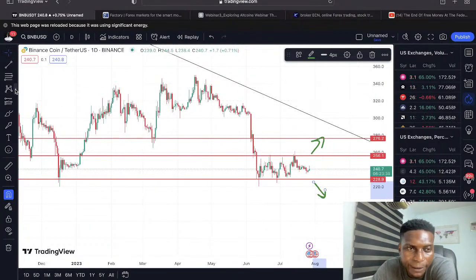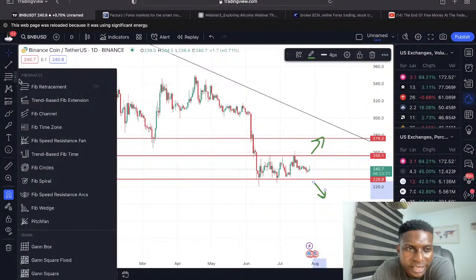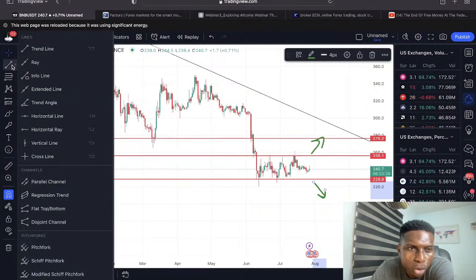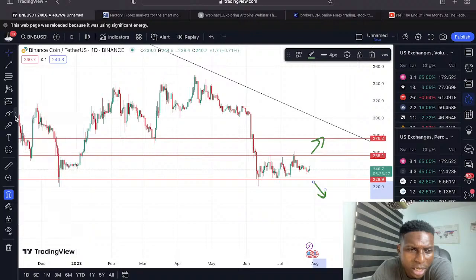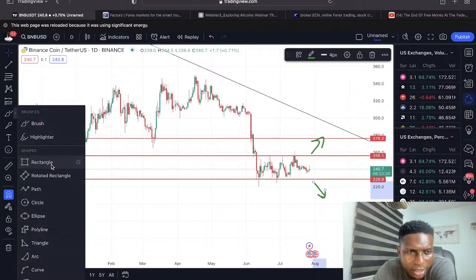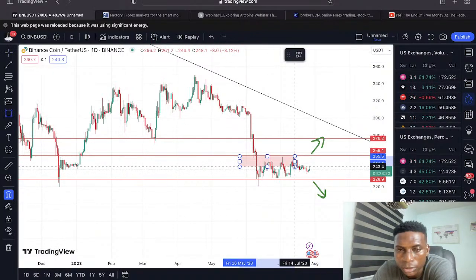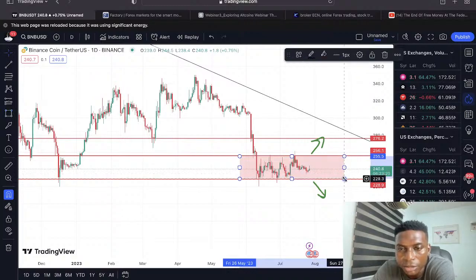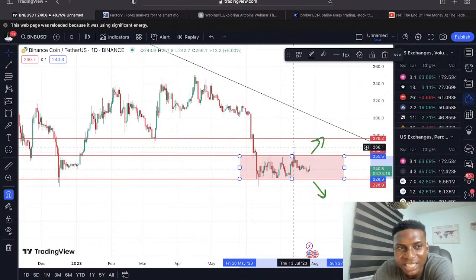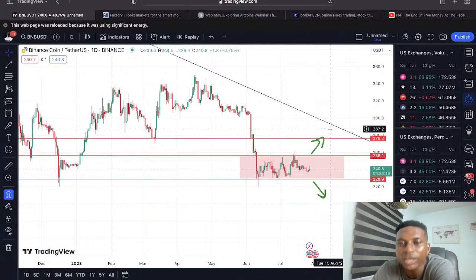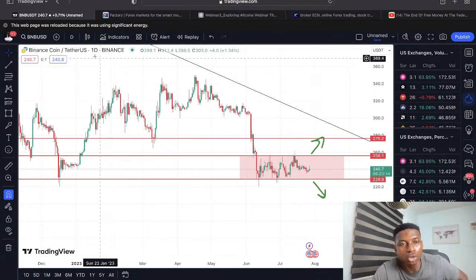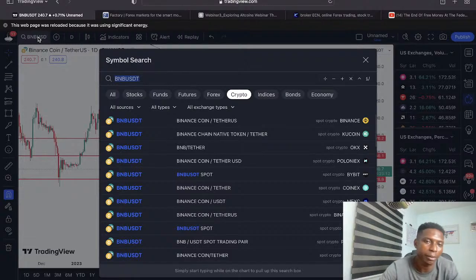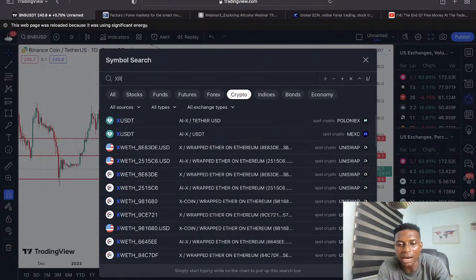So currently here, taking a trade now is not what I would advise. You look at this place now, the price is still ranging here. So the price needs to come out to decide which direction it's going so that we can jump in on that direction.